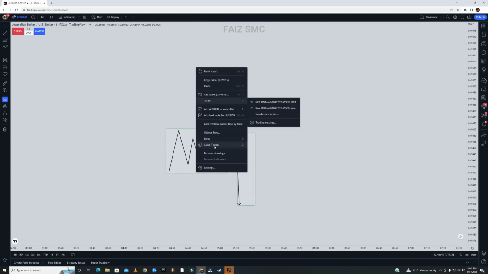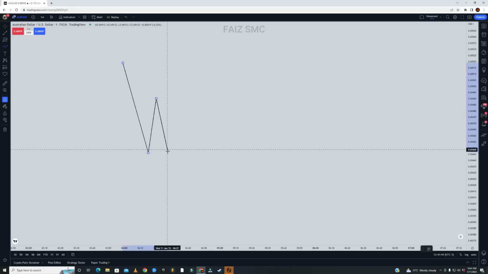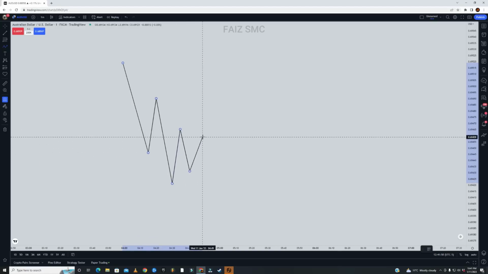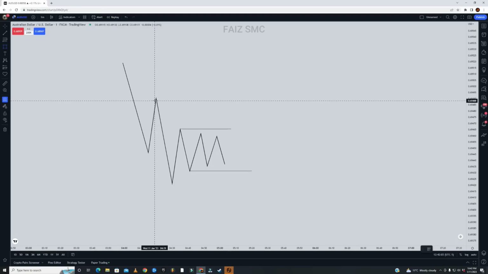So let's assume that we are bearish, right, and we have a break of structure right here, and then what we have is consolidation or accumulation, right? So this right here is accumulation, and right here what you have is an order block, right, or a supply zone, whatever you want to call it.